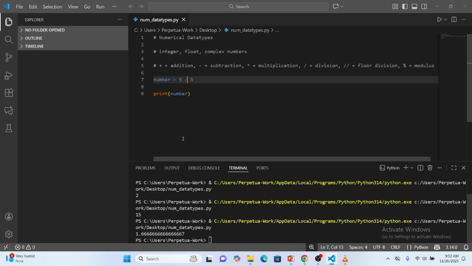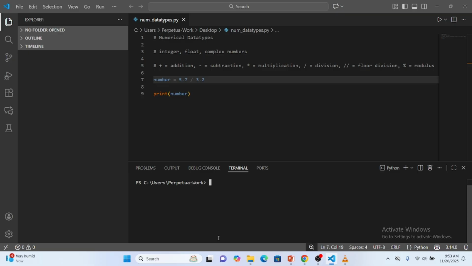So if we are working with floats, and let's say we have 5.7 and we have 3.2, and we want to divide, we know the output, so it's just your normal operations. So these are the basic operations that we can perform on numerical values.